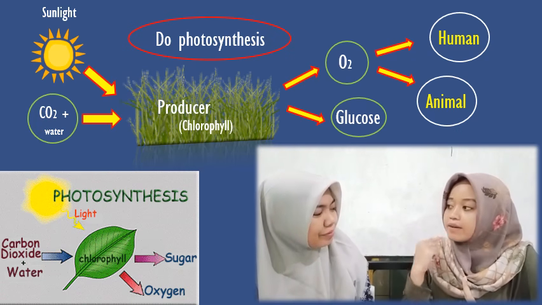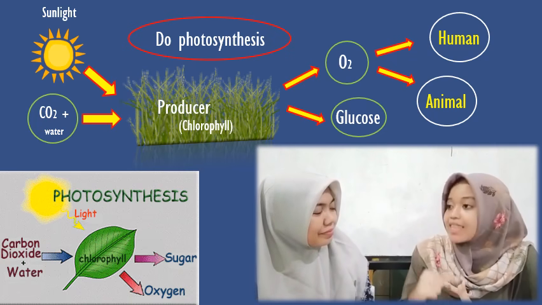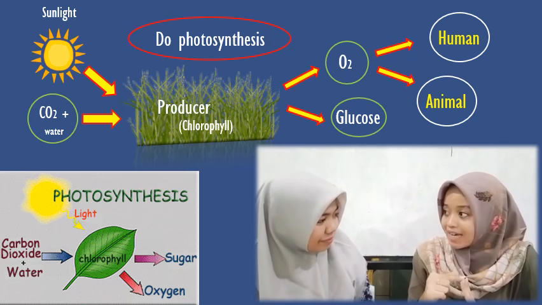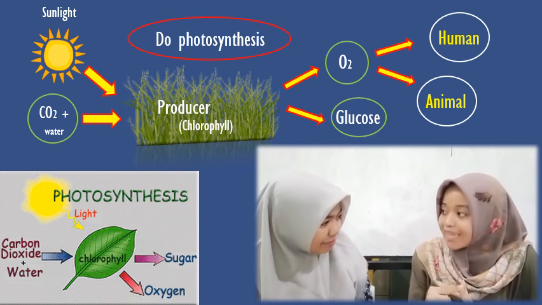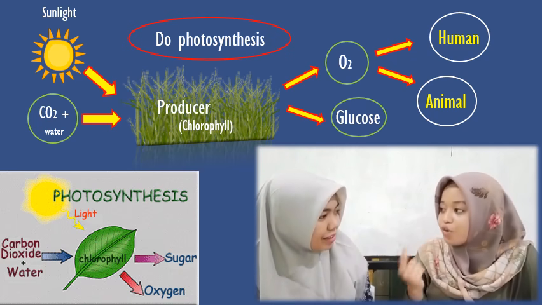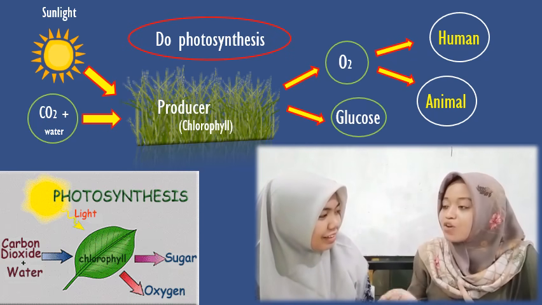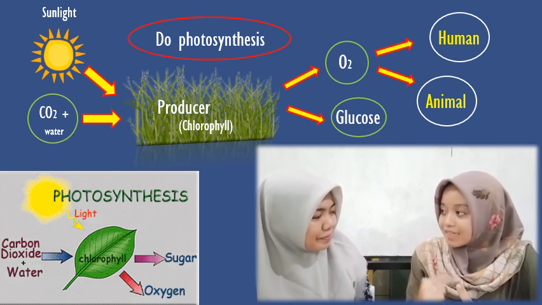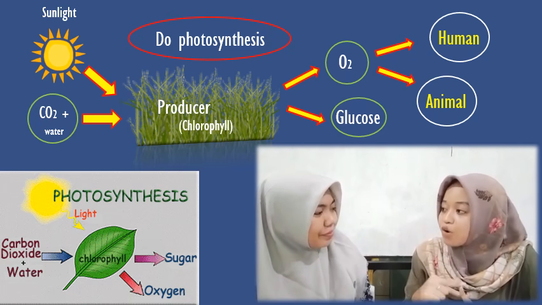Sunlight and carbon dioxide are absorbed by the plant, and photosynthesis can occur in the parts of the plant that are green, which have chlorophyll. The parts of the plant that have green color consist of chlorophyll.